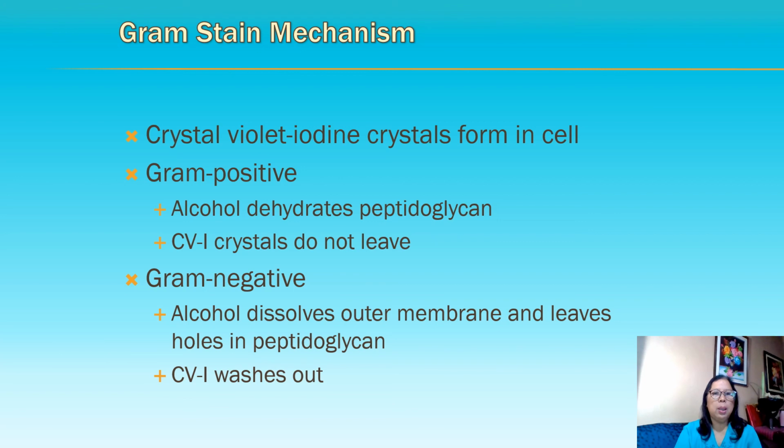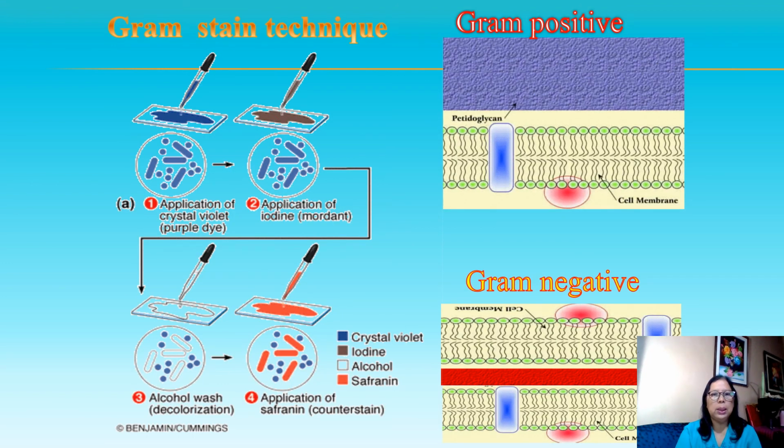The crystal violet iodine crystals do not leave the gram-positive, but for the gram-negative, the crystal violet iodine staining washes out. So this is the illustration.